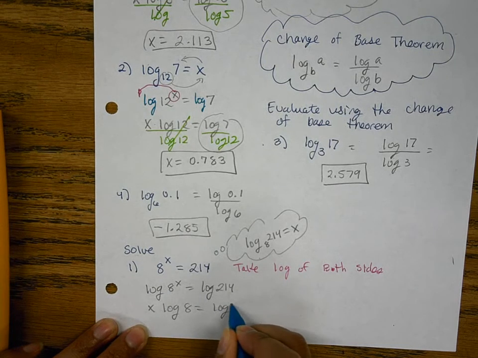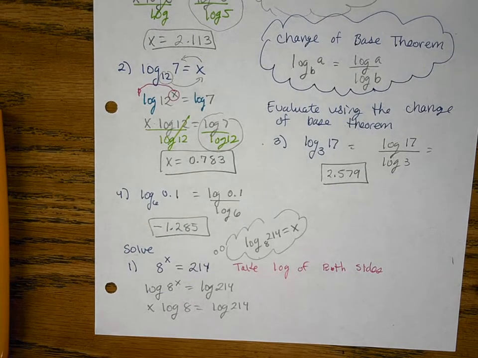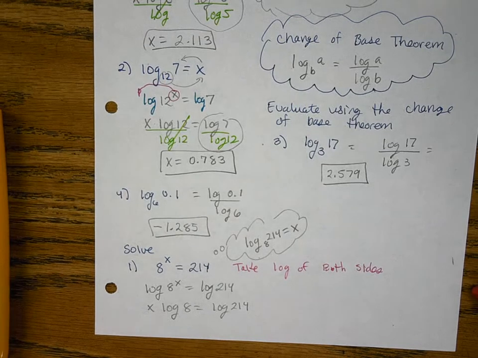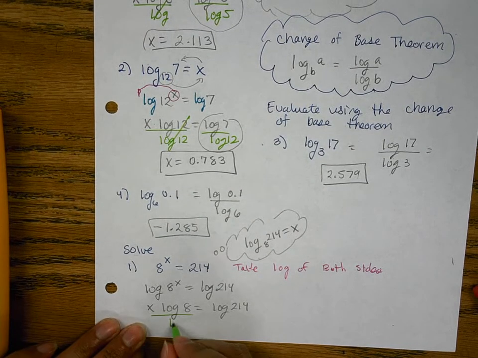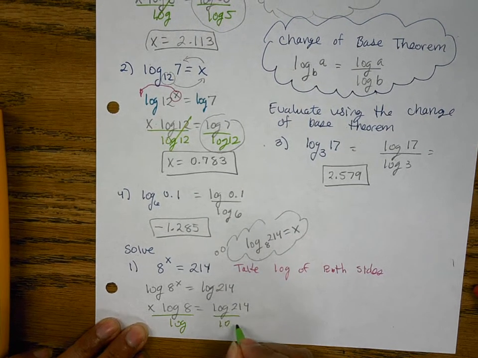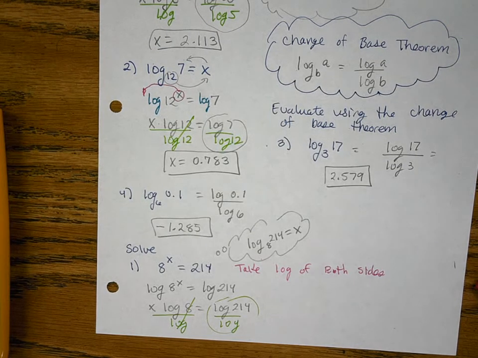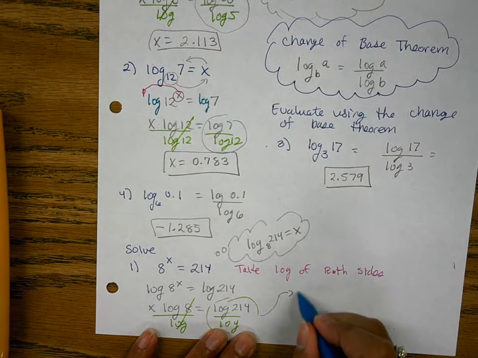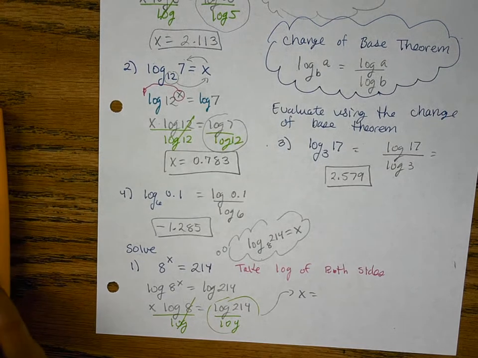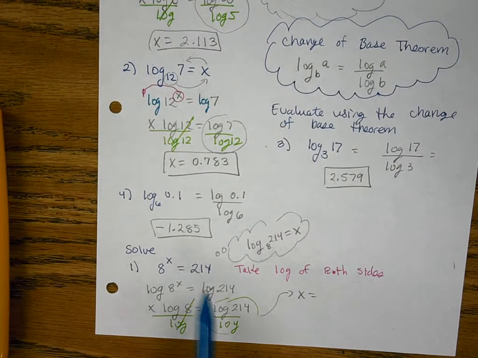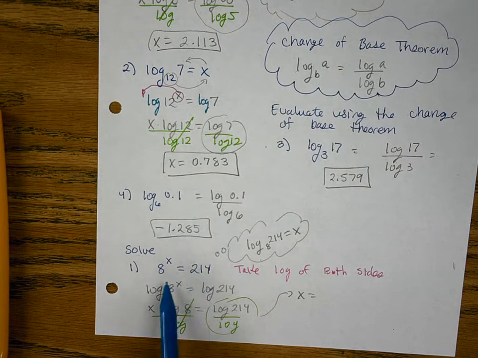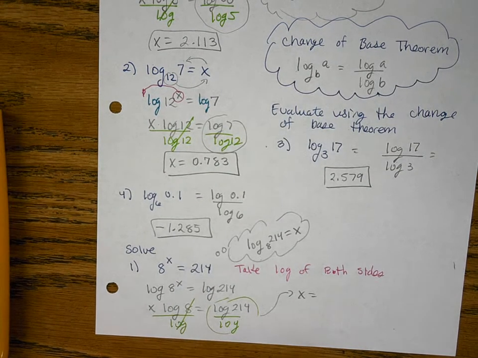I'm going to continue, bring x to the front, times log of 8, and then divide both sides by log of 8. This is what you're going to plug in your calculator. x equals log of 214. And take a step back. Remember, we're doing this because we can't get these to the same base.